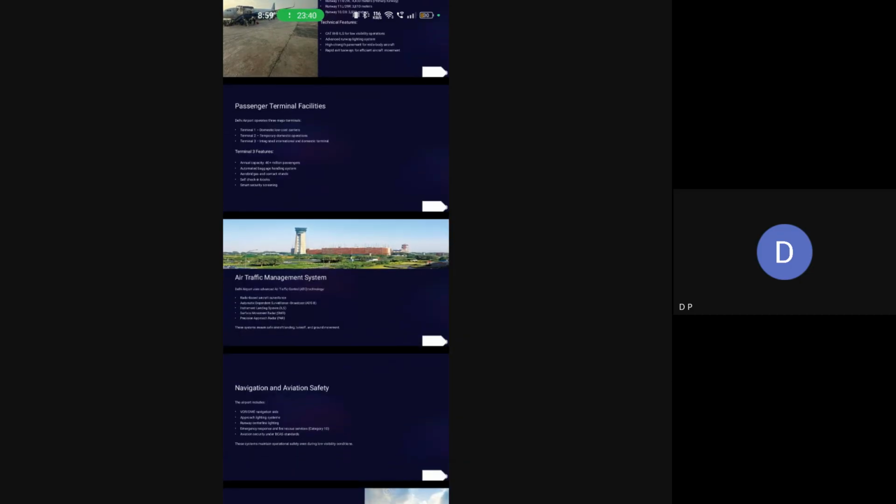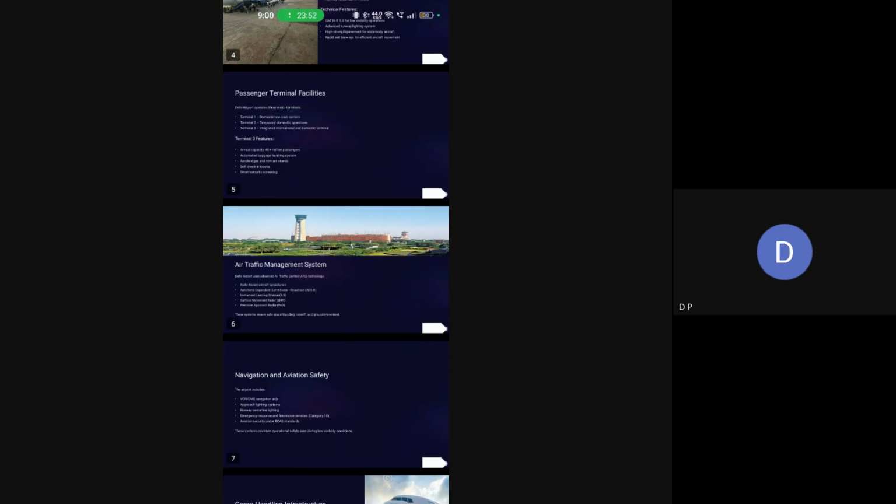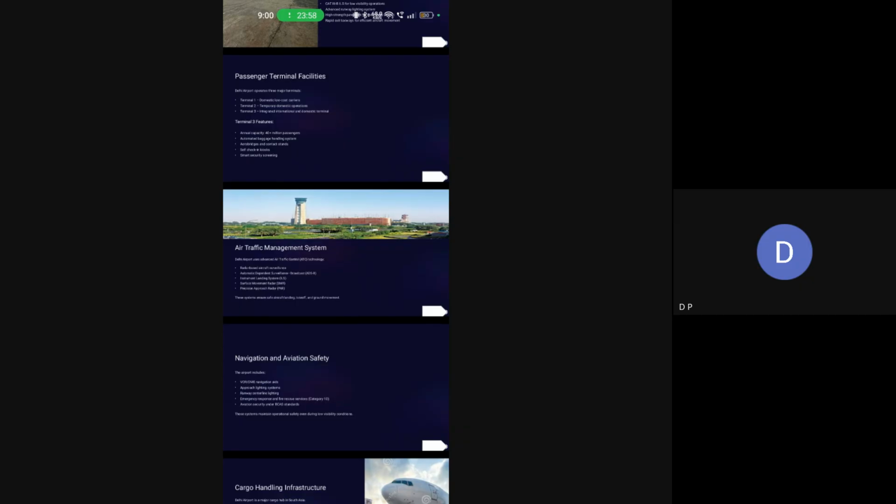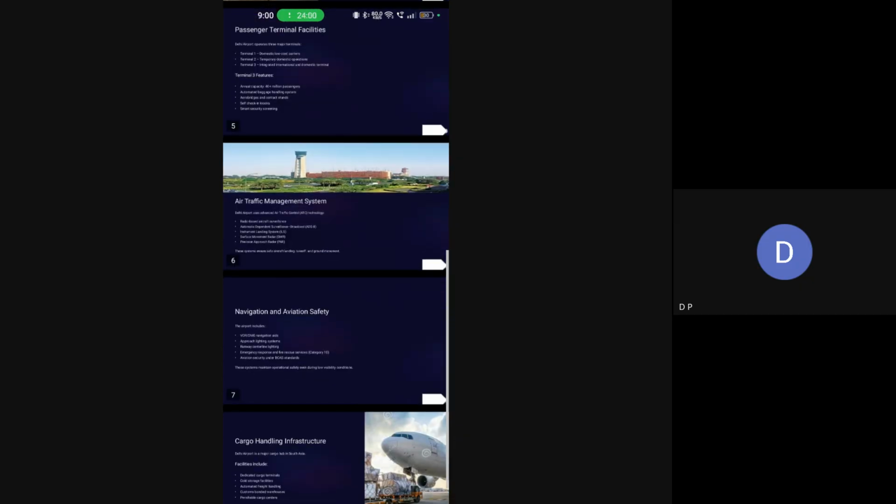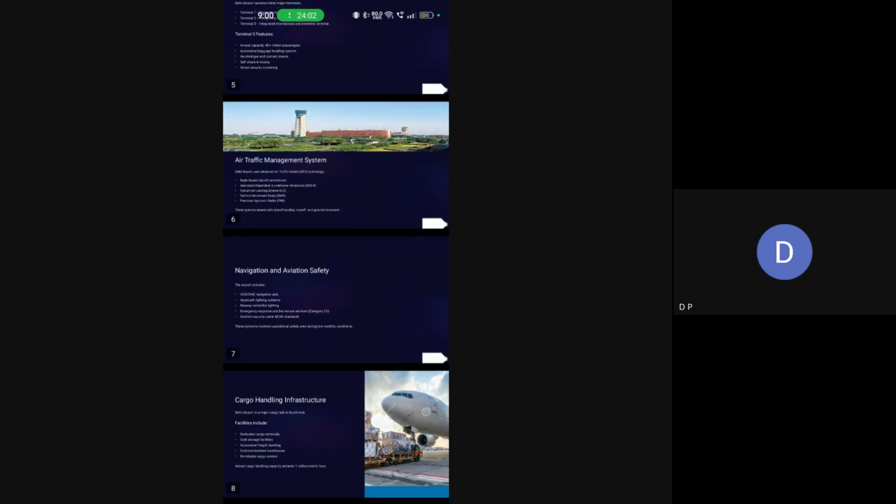Air traffic management system. Delhi Airport uses an advanced air traffic management system, radar-based aircraft surveillance, automatic dependent surveillance-broadcast ADS-B, instrument landing system, surface movement radar, and precision approach radar. These systems ensure safe aircraft landing, takeoff, and ground movement. Navigation and aviation safety.